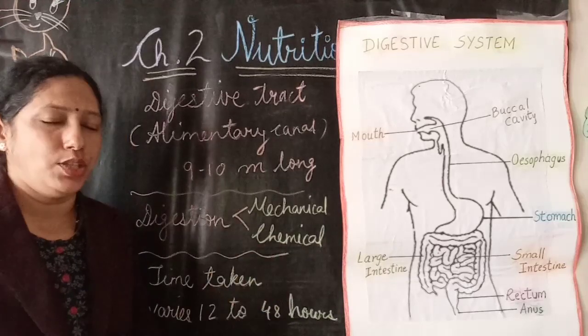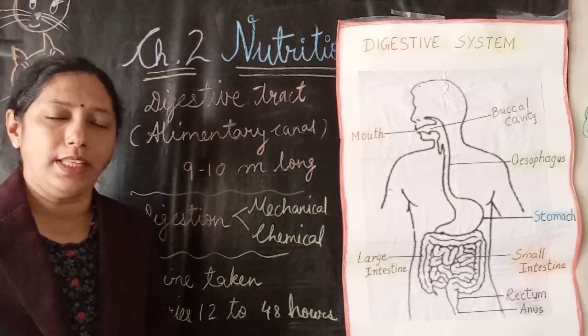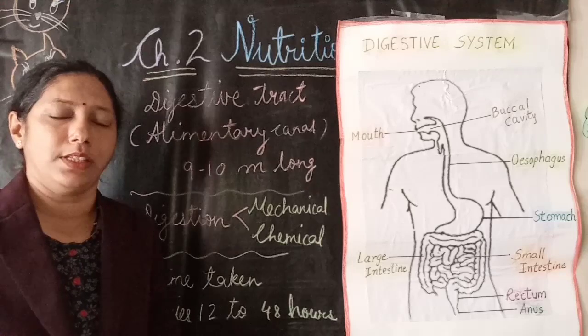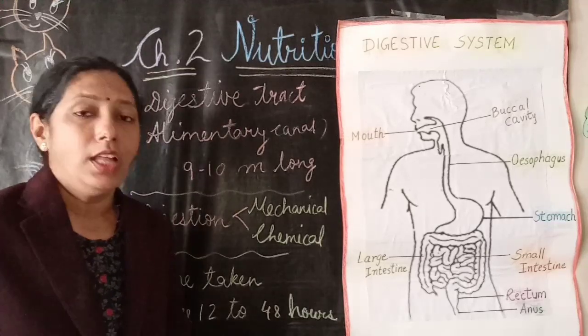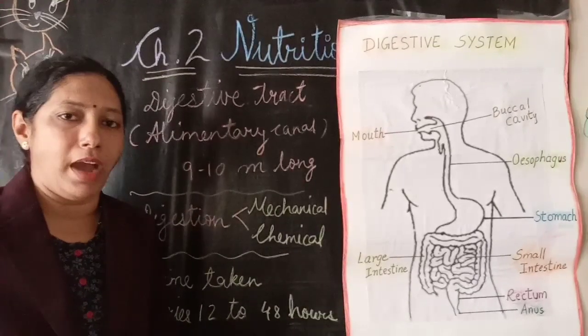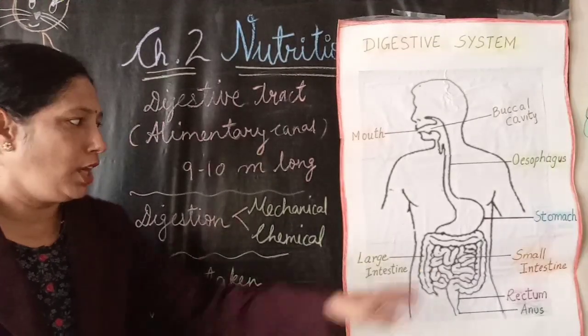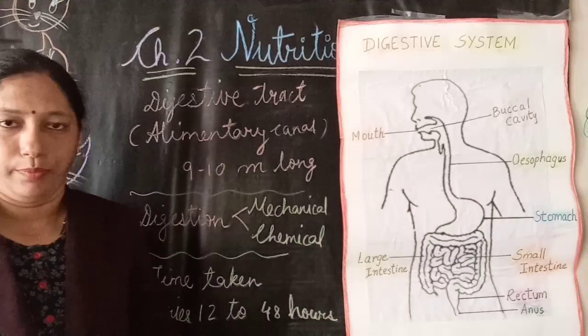In chemical digestion, the breakdown of complex substances into simpler substances is done by chemical compounds called enzymes. These enzymes are secreted by the different organs associated with the digestive tract.